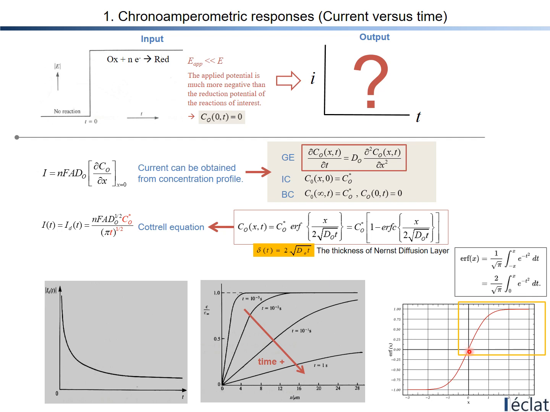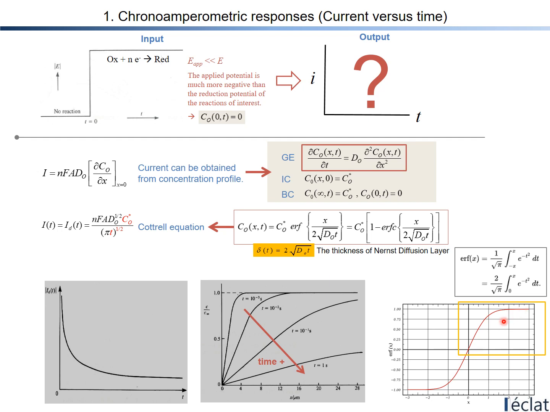This comes from the second boundary condition. And then the concentration increases as x increases. Then finally, the concentration saturates at the bulk concentration. That is the rough shape of the concentration profile at a certain specific time.